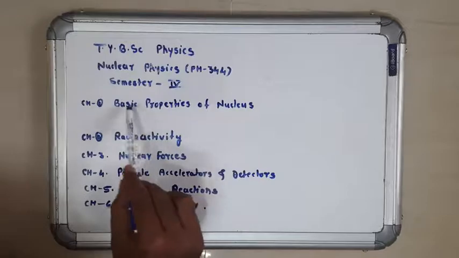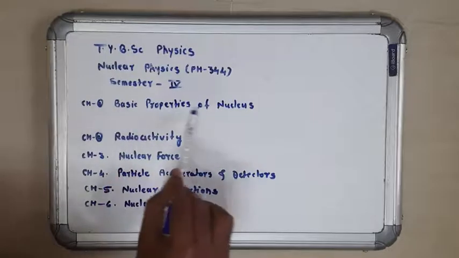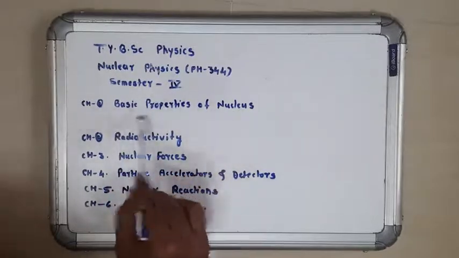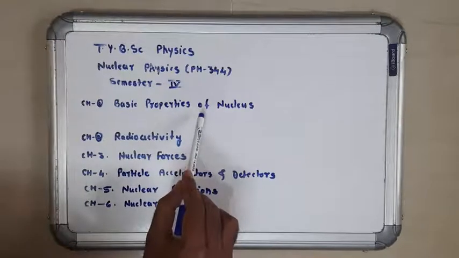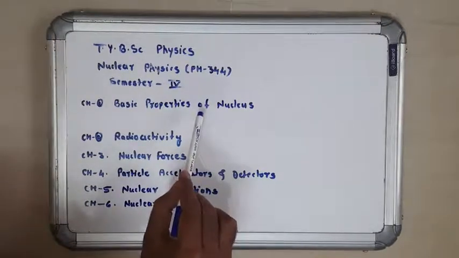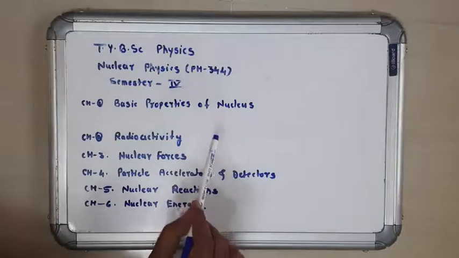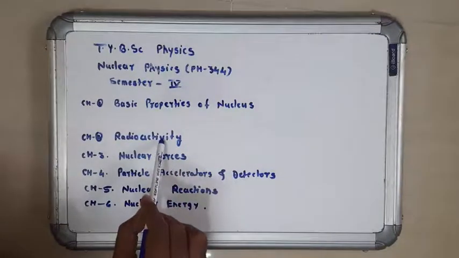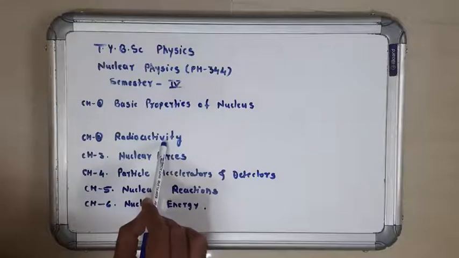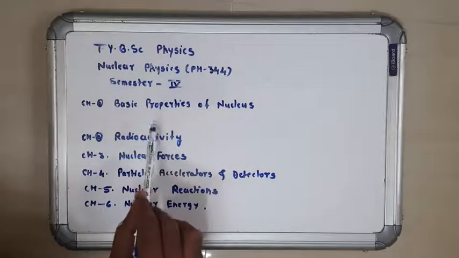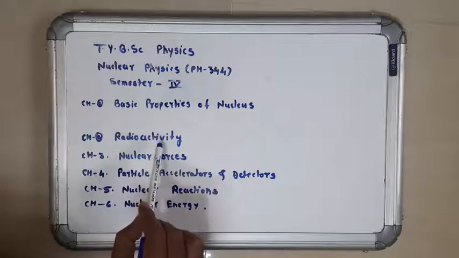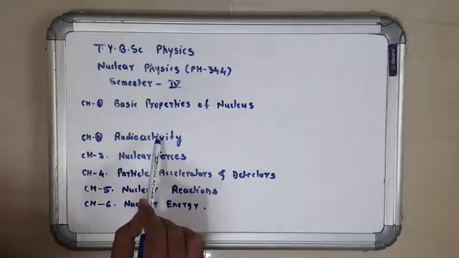That means in the first module, basic properties of nucleus, we will study the basic properties of the nucleus. Then the second one, radioactivity. This is a very important module in nuclear physics, and in our day-to-day life also.